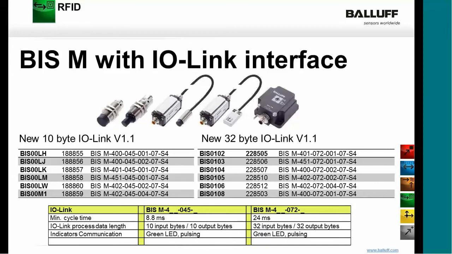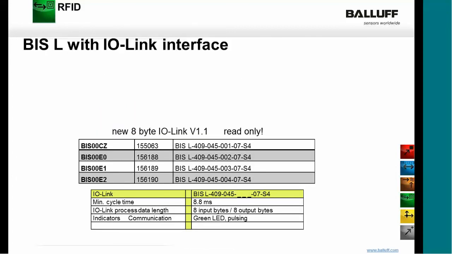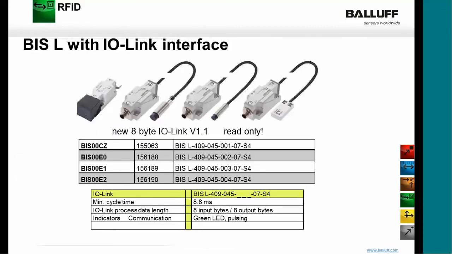And you can see the 10 input byte capacity, and now we have the 32 input bytes, 32 output byte capacity. So it allows you to put more data on the tag. There's also an 8-byte IO-Link version 1.1, which is a read-only. So you're just basically looking for the license plate or a number on the tag.